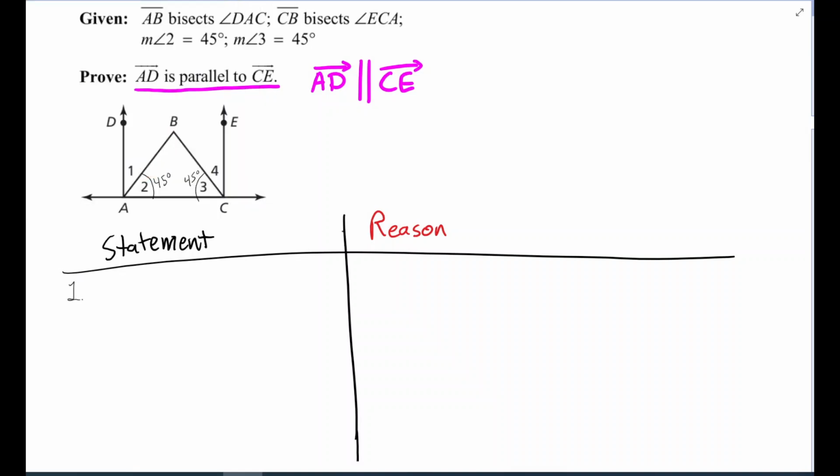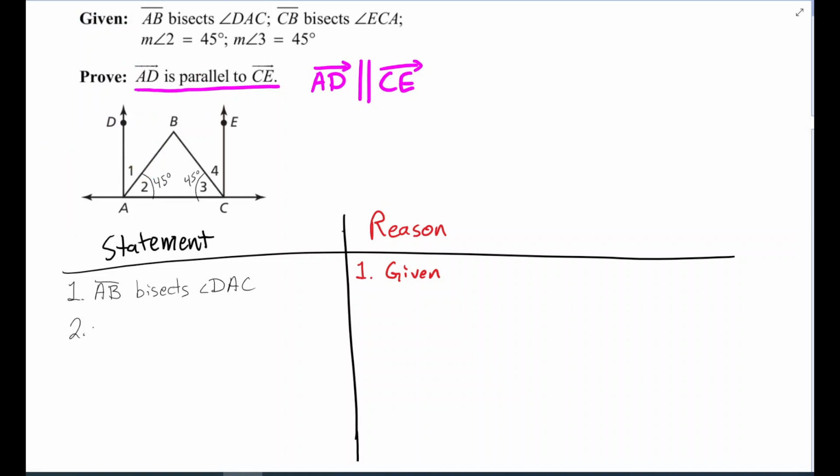Okay, we are told, first off, that AB bisects this angle DAC. Okay, I'm just going to give that particular reason and just that one statement. Because from there, we already know something.